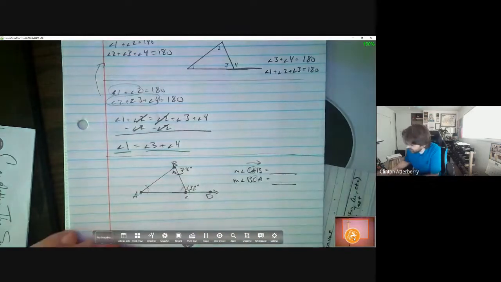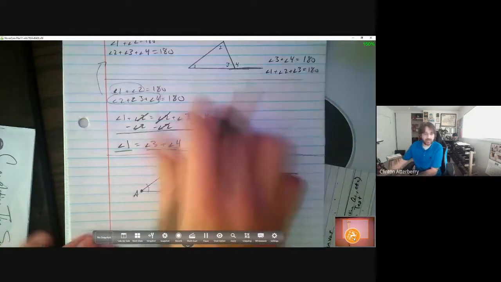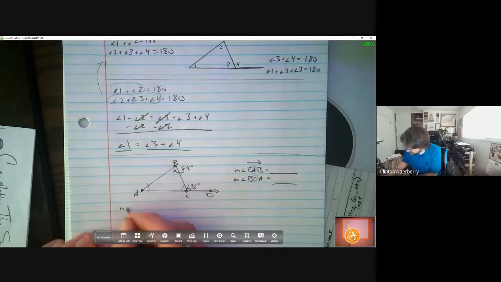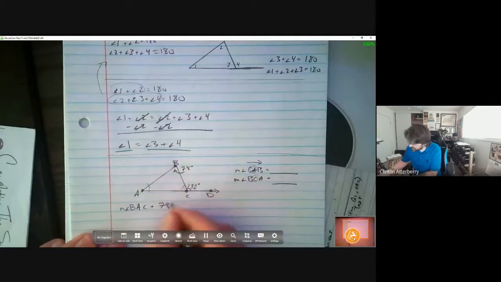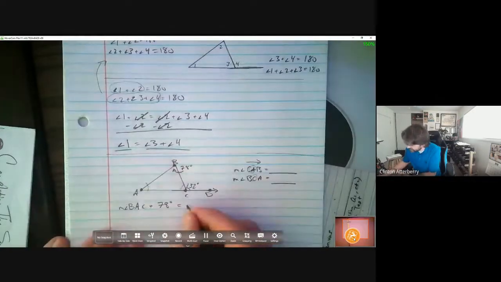All right, so there's a few ways you can do this kind of problem. I'm going to show you straight up. Let's use this method I was just showing you. That would say the measure of angle BAC plus the angle of 78 degrees is going to equal this outside angle of 132.